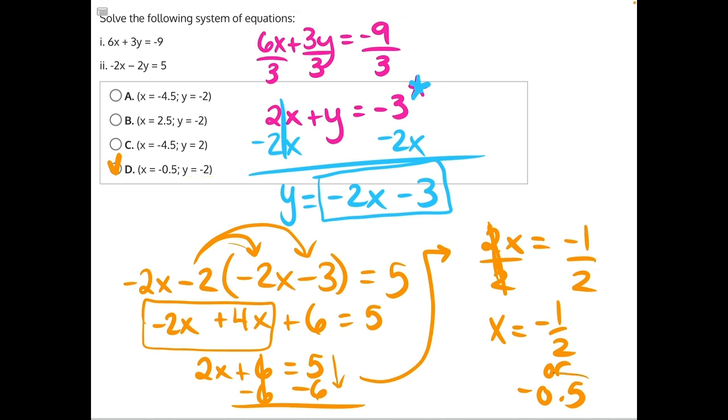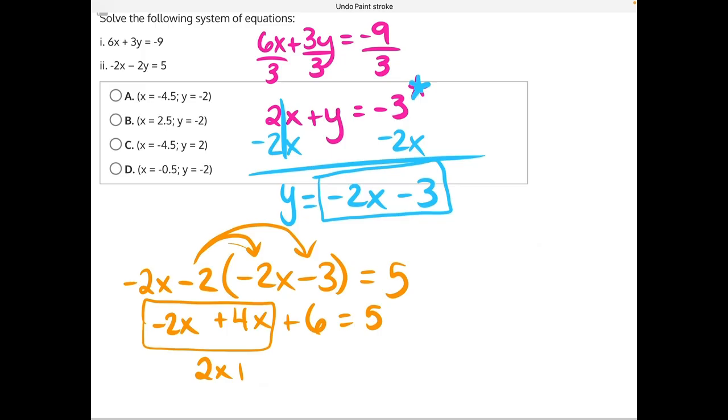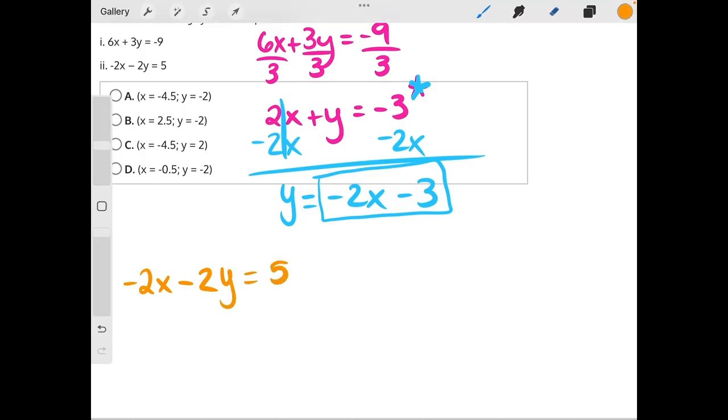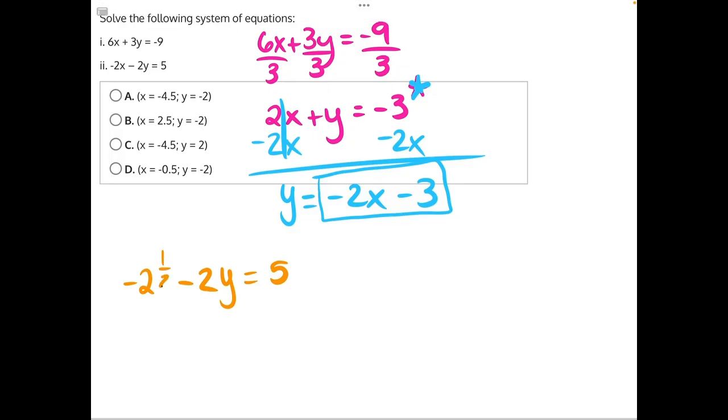You would have had to take this negative 1/2 and plug it back into either equation for the value of x. Again, I probably would have used equation number 2. So instead of x, we're going to plug in that negative 1/2.